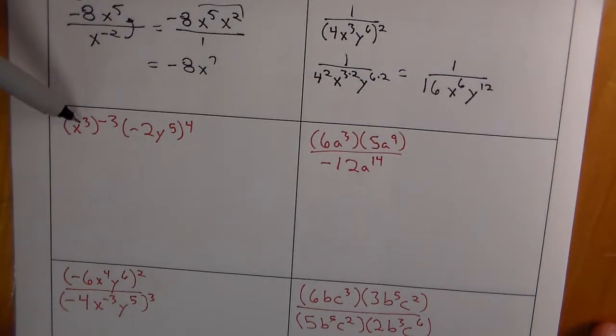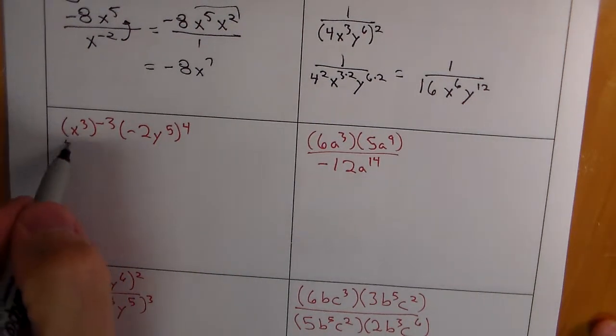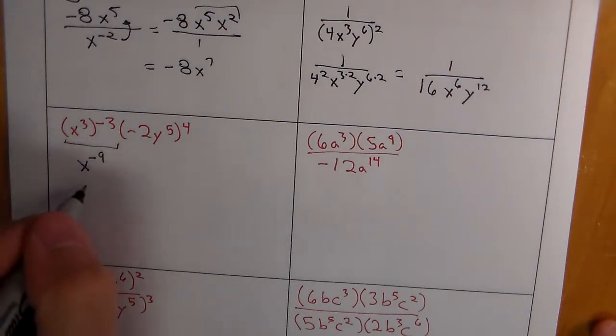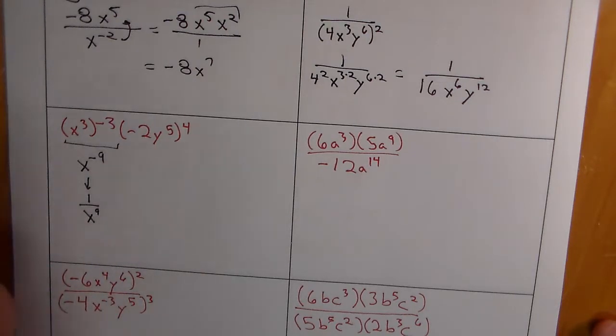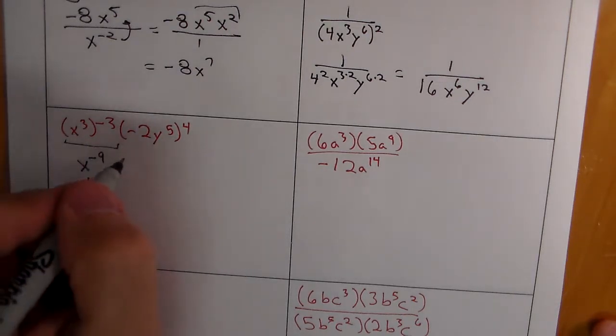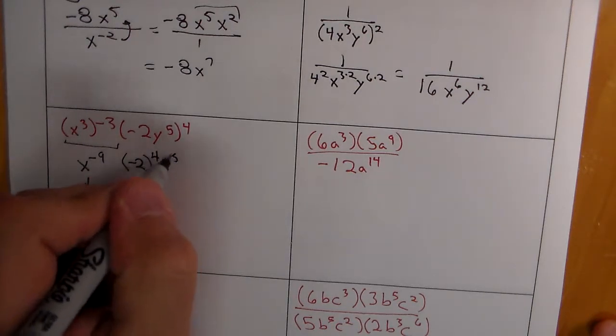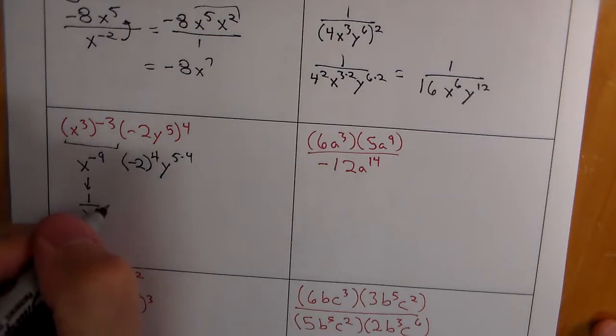When we look at something like x to the 3rd to the negative 3, and then the quantity negative 2y to the 5th to the 4th, we need to look at doing the power rule first. So here, x to the 3rd to the negative 3 becomes x to the negative 9th, which will then become 1 over x to the 9th. Negative 2y to the 5th to the 4th is going to be negative 2 to the 4th, y to the 5 times 4.